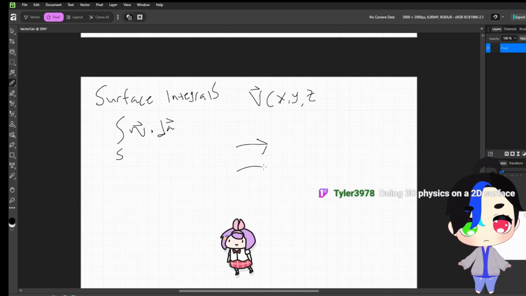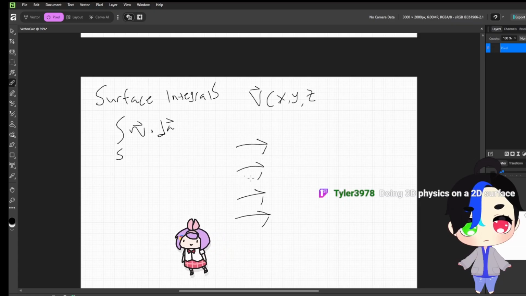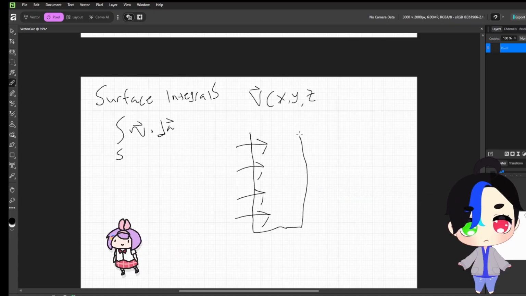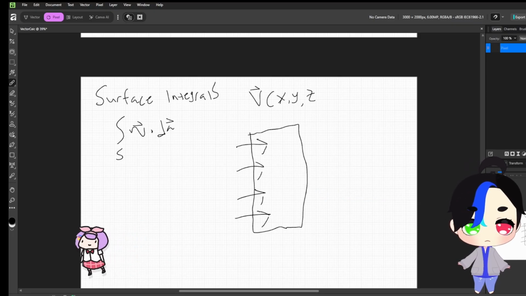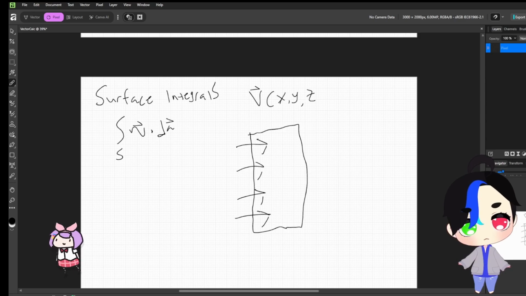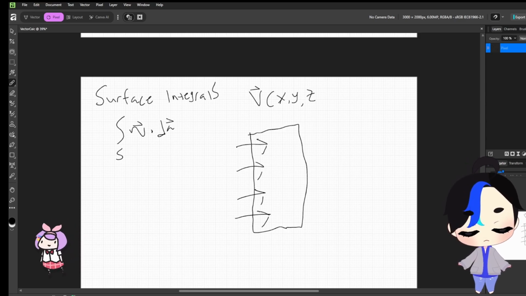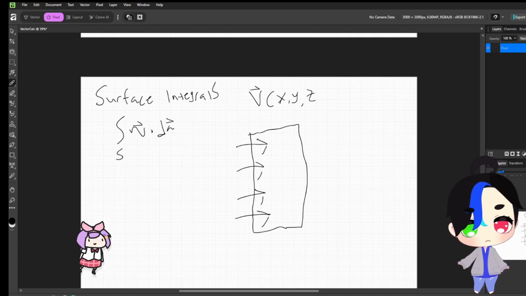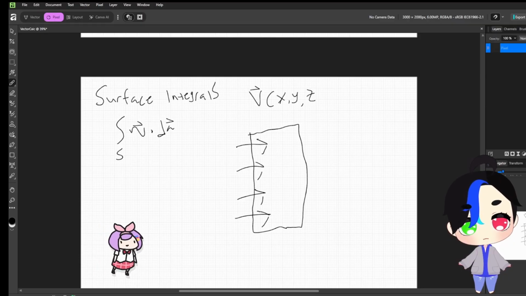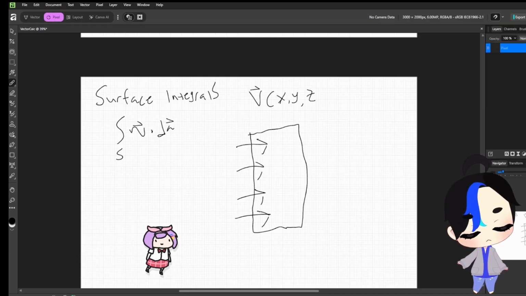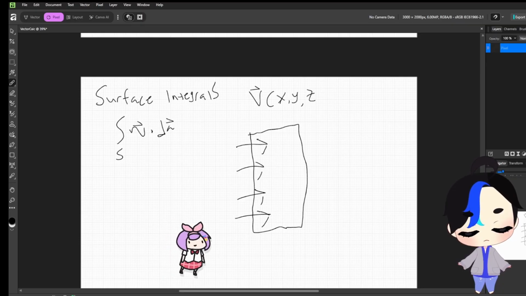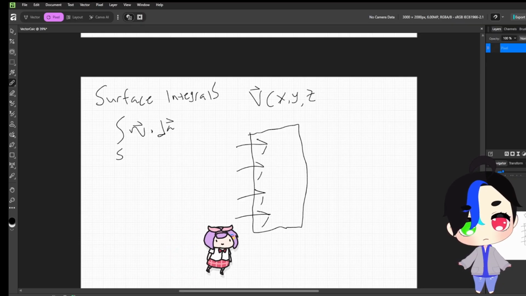So let's say I have a vector field that's entirely comprised of this column of lines, and I want to know how many pass through a rectangle, right? This would be useful, for instance, if I have some window, and I throw a bunch of tennis balls through it, and I want to find out how many pass through the window, depending on how big the window is or how many I'm pushing through it at a time.